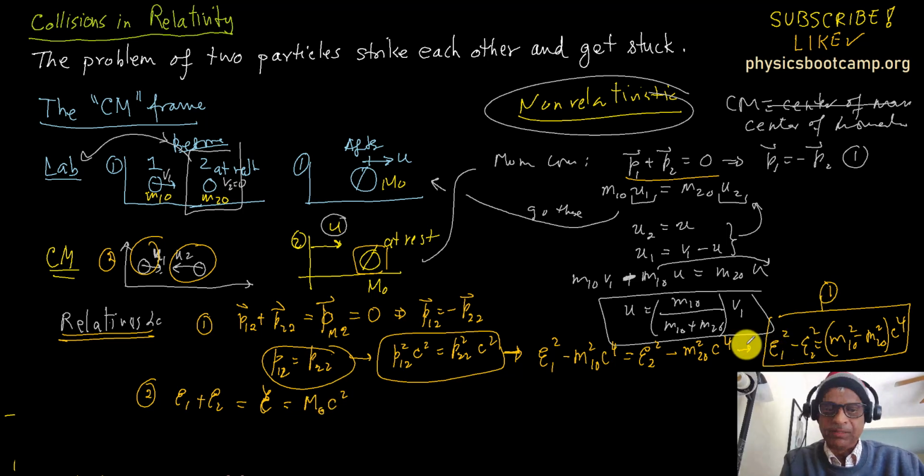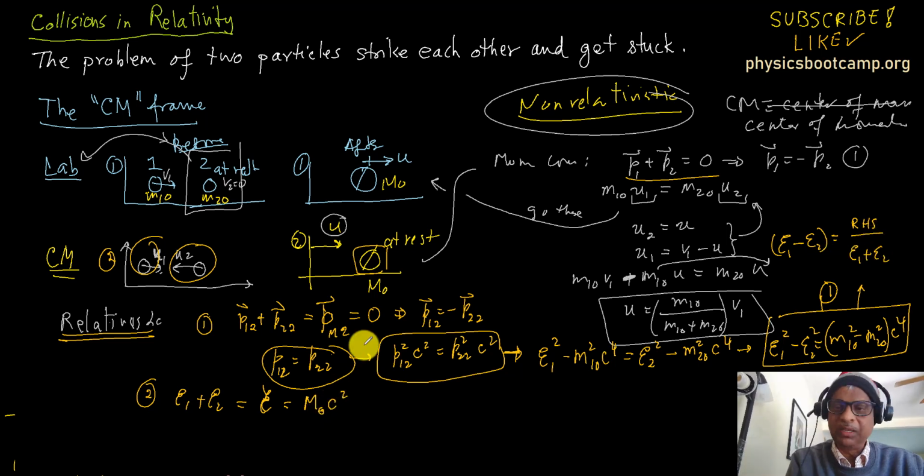Now, this is equation number 2, but the 1 can also be written as E1 minus E2 equals this whole thing, the right-hand side divided by E1 plus E2, and I can use this to simplify that.